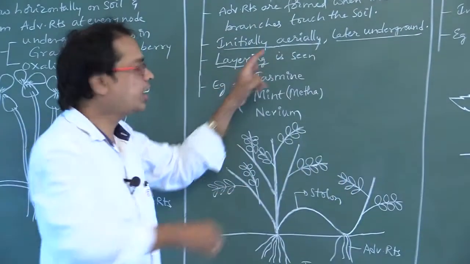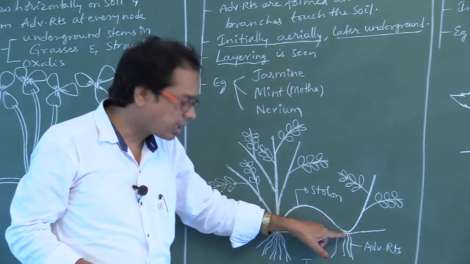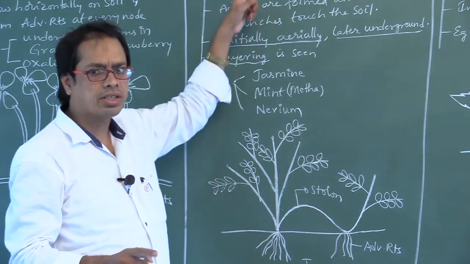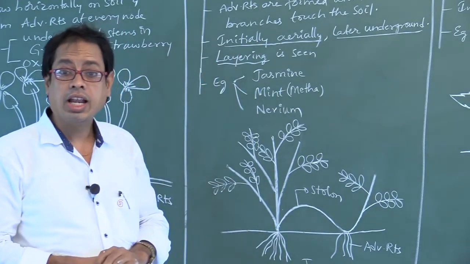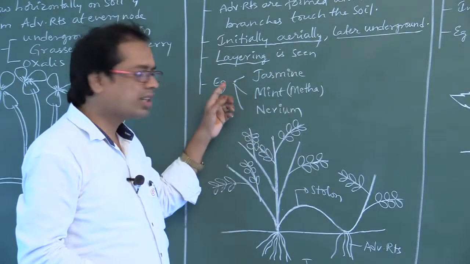Next, initially aerial and later underground. What type of subaerial stem modification is that? That is stolon. Here it is based on layering. So, layering is seen. What are the examples?